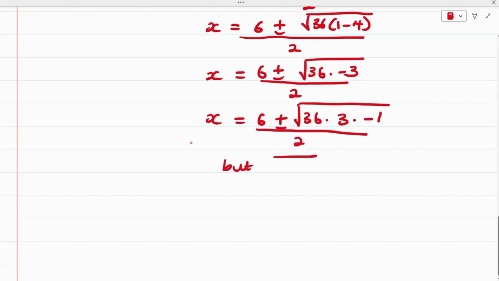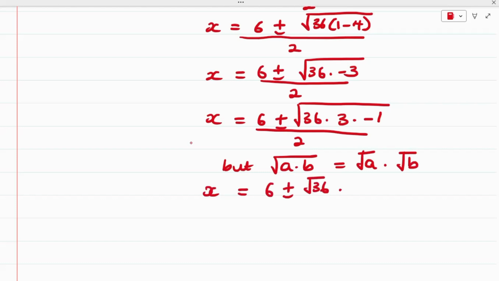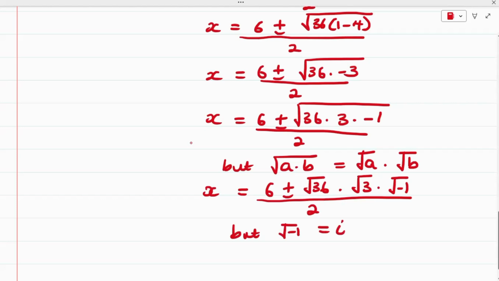We know that the square root of a × b can be expressed as the square root of a times the square root of b. So x = 6 ± √36 × √3 × √(-1), divided by 2. But we want to note that the square root of -1 is equal to i.